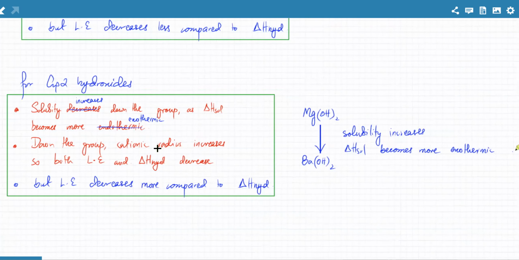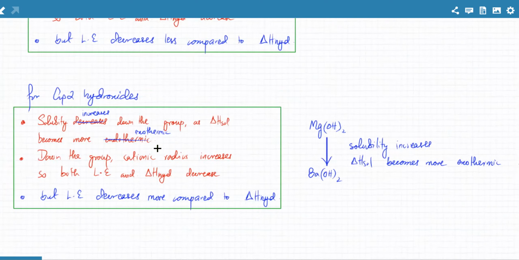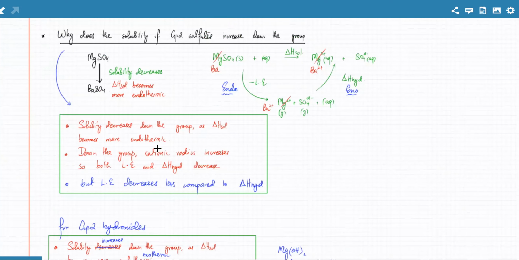Is this clear? Yes, sir. So that was all about group 2 hydroxides and also group 2 sulfates.